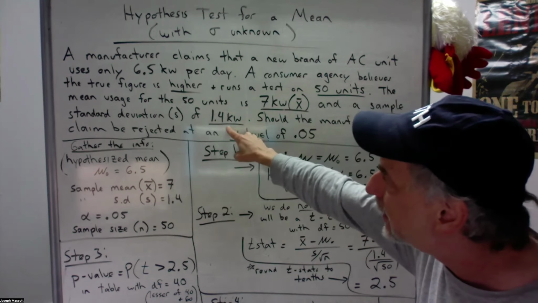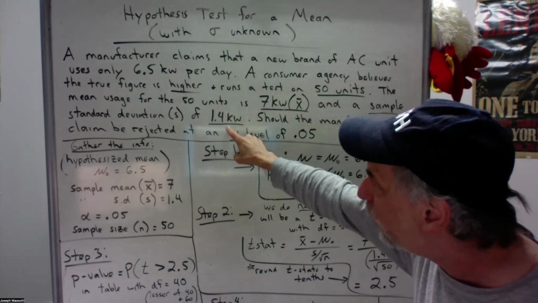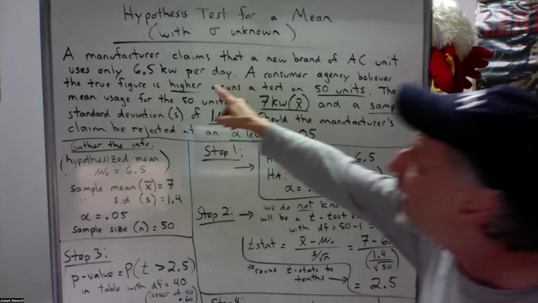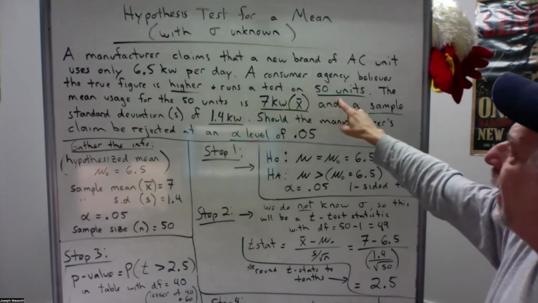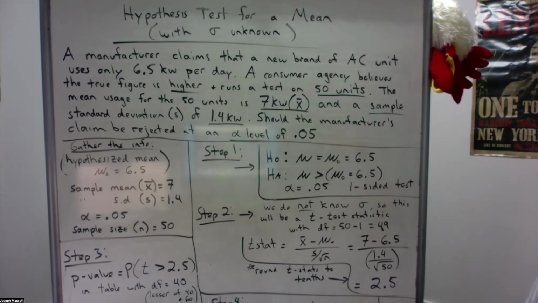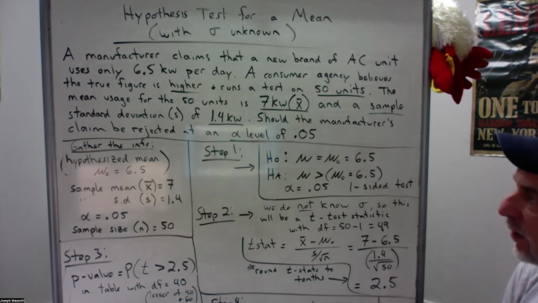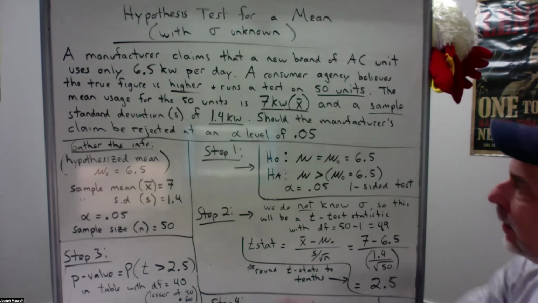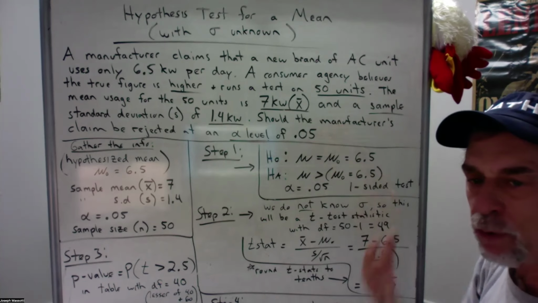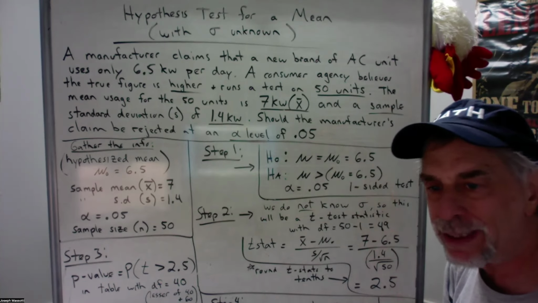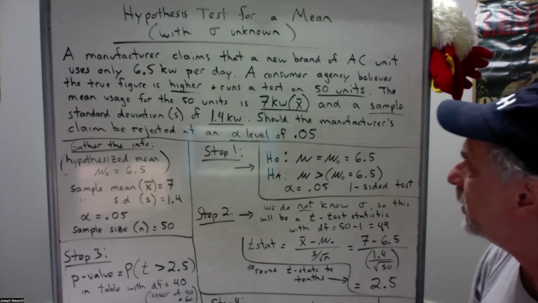And we get a sample standard deviation of 1.4 kilowatts. So now we have the sample mean, the sample standard deviation, and the sample size. The question is, should the manufacturer's claim be rejected? And we're going to use a significance level of 0.05, where 0.05 equates with a 95% confidence.